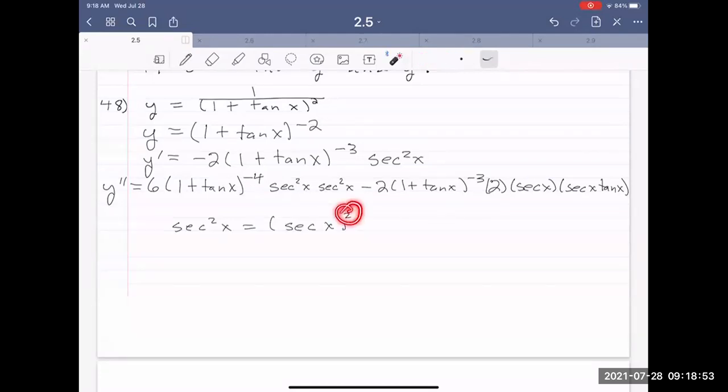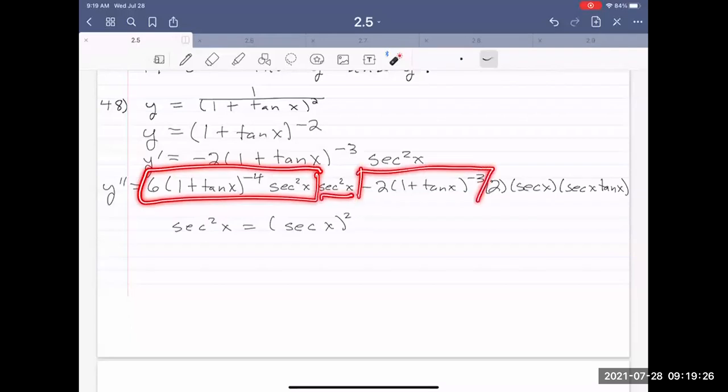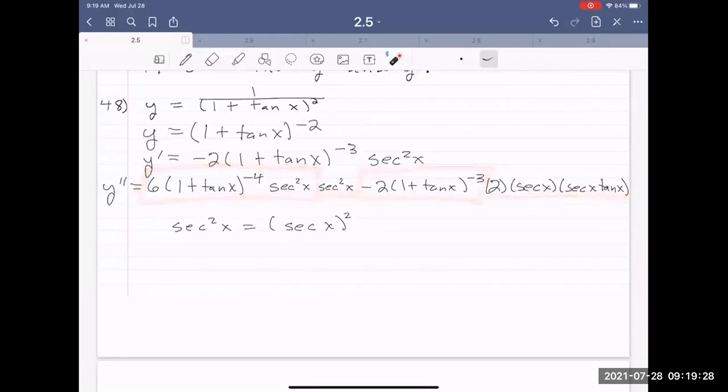So I'm going to bring the exponent out in front, rewrite what's inside to the power of 1 less. So I'll bring the exponent here out in front, rewrite what's inside to the power of 1 less, times the derivative of what's inside. Derivative of secant x is secant x tangent x. Is that clear now? Yeah. So it's the derivative of the first times the second plus the first times the derivative of the second.